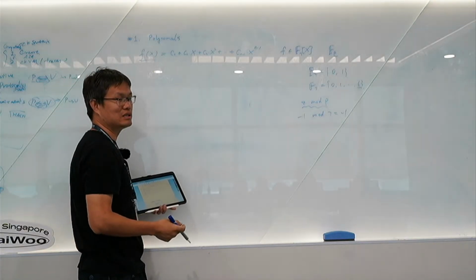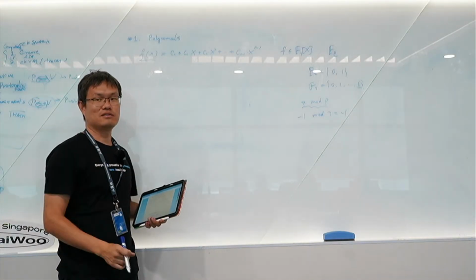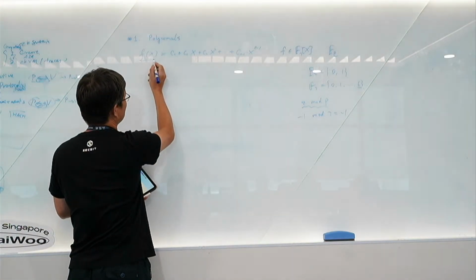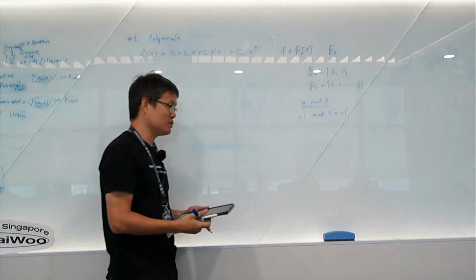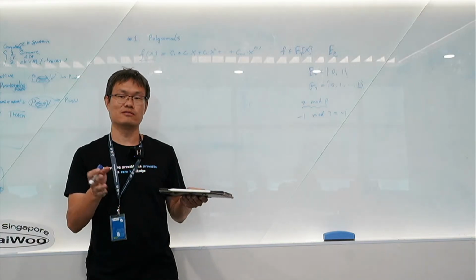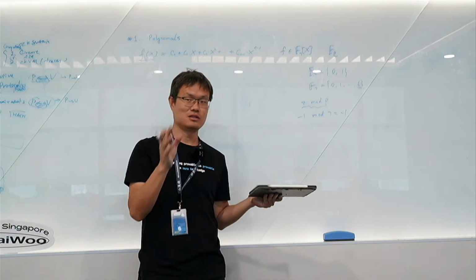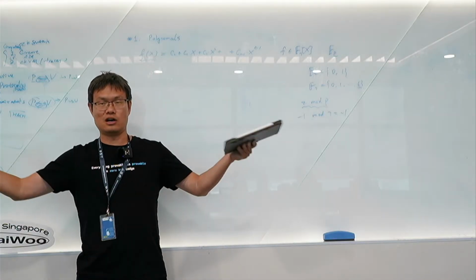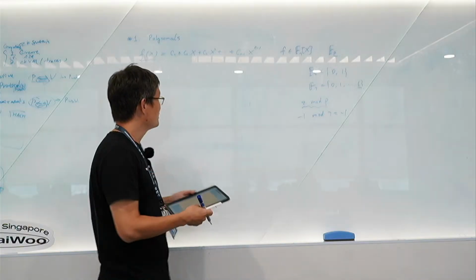Then basically we compress the information into just a smaller value, f. So the polynomial is the reason why we can generate very small proofs, just because we encode a very long vector into one polynomial.